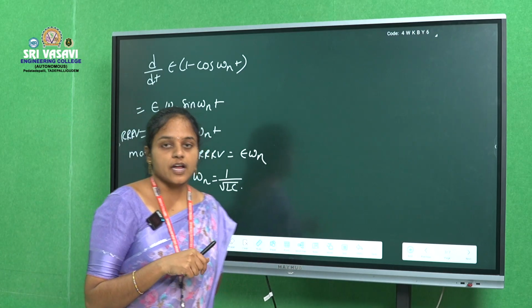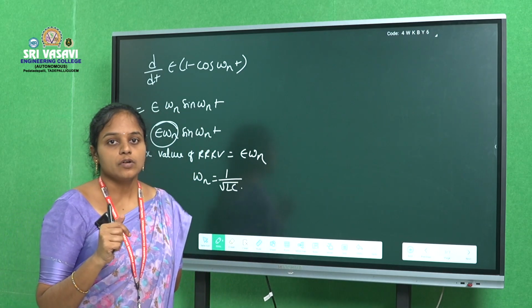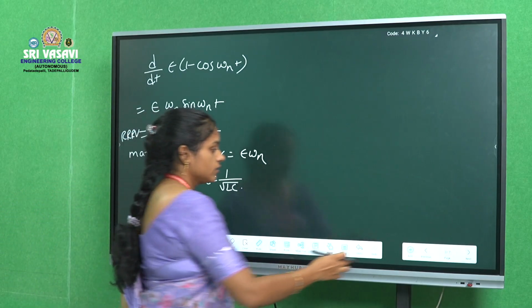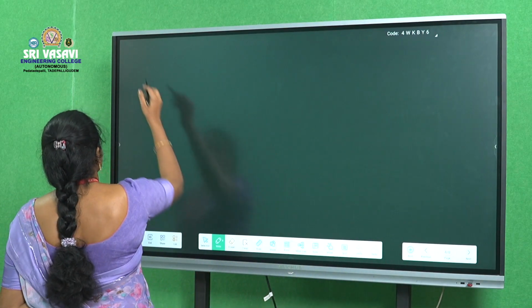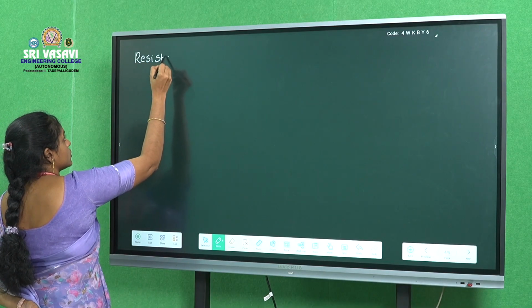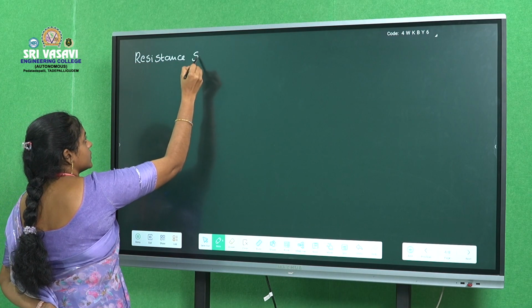So here there are two techniques to decrease the restriking voltage and RRRV. Those techniques are resistance switching and current chopping. The first one is resistance switching.